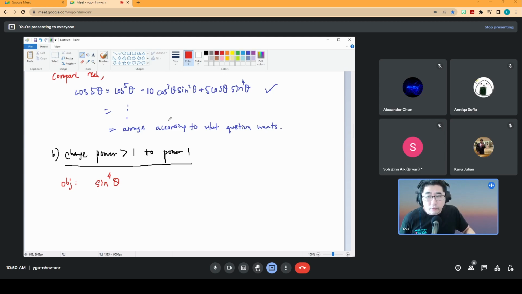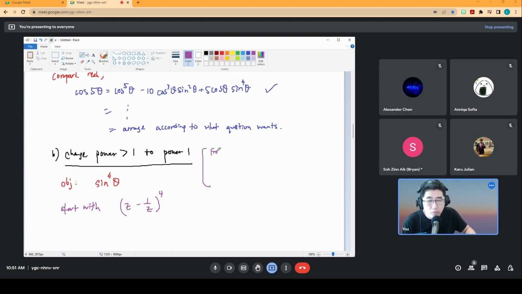So therefore, because I'm using sine, based on the complex algebra that we have learned before, we start with z minus 1 over z, power of 4. Why do we start with this?